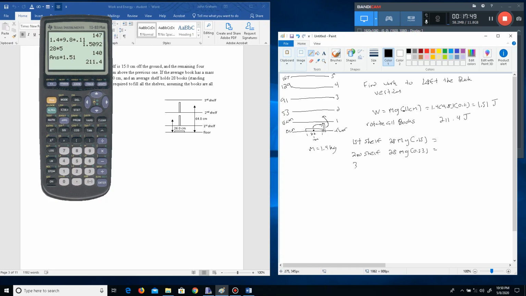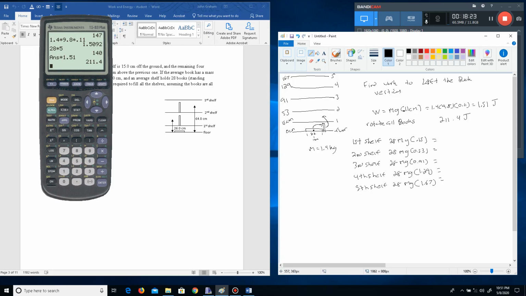And the next third shelf is going to be 28 books, and you're lifting it 91 centimeters, so 0.91. Fourth shelf is the 28 books, and then we lift it 129 centimeters, so 1.29. And then the fifth shelf, 28 books, and we lifted it 1.67 meters.